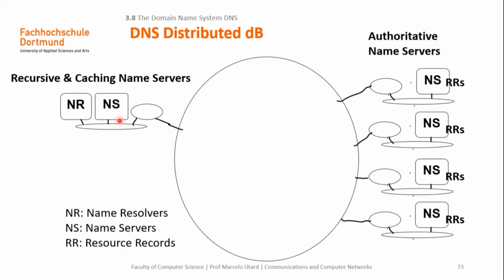That local name server could be a recursive and caching only name server. And this name server will ask different authoritative name servers, starting typically with the root level, and after that the top level domain and subdomain level name servers.